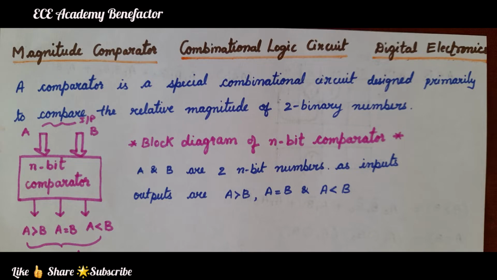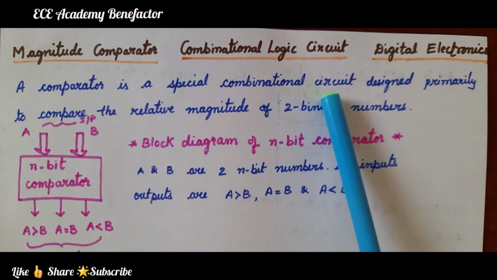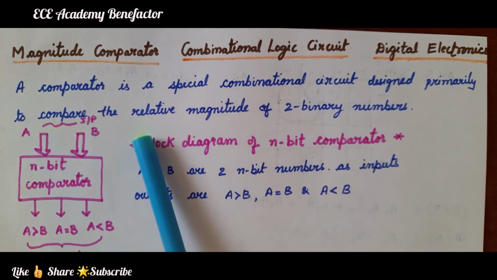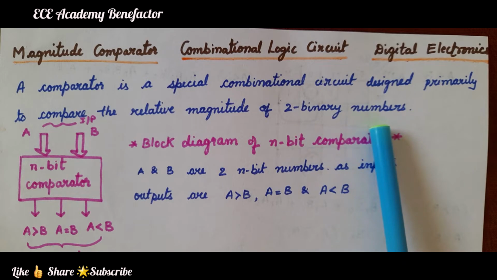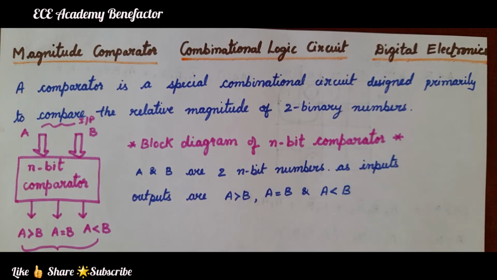Before starting the design of a 2-bit comparator, let us define what a comparator is. A comparator is a special combinational circuit designed primarily to compare the relative magnitude of two binary numbers.